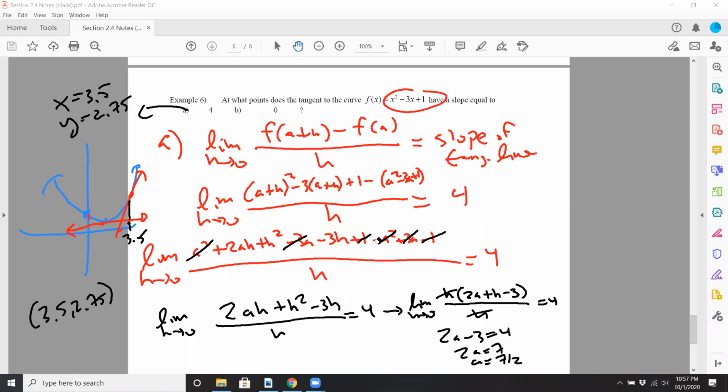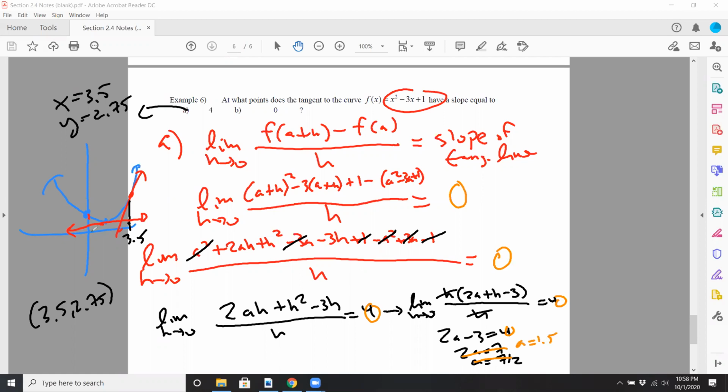We could just change this to 0 and that to 0. No need to redo the whole thing again. We don't have to reinvent the wheel. That's 0, that's 0, and that's 0. Now you solve for a. You get a equals 1.5.